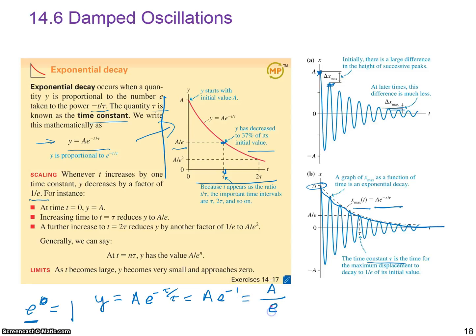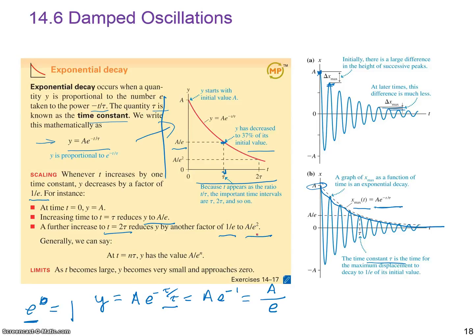If you wanted a positive exponent, you take that in the denominator, and so you have A times 1 over e. So if t equals tau, that's how you get y equal to A over e. If you let t equal 2 tau, it reduces it by another factor of 1 over e, and the displacement is equal to A over e squared.